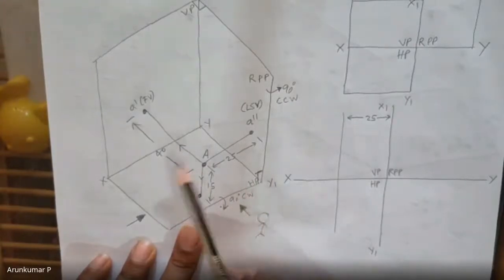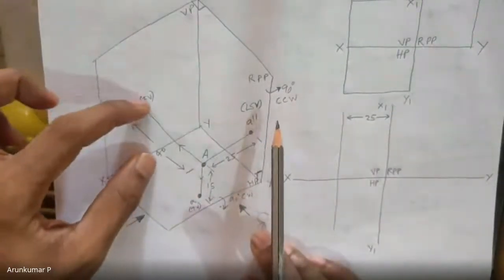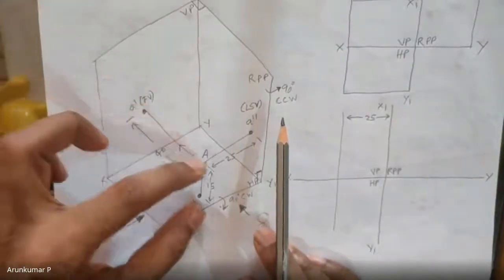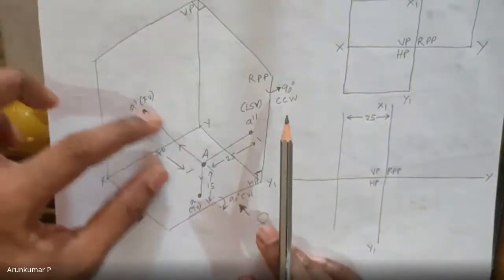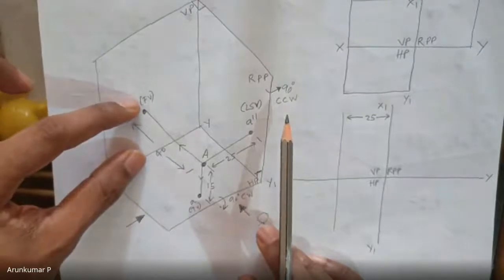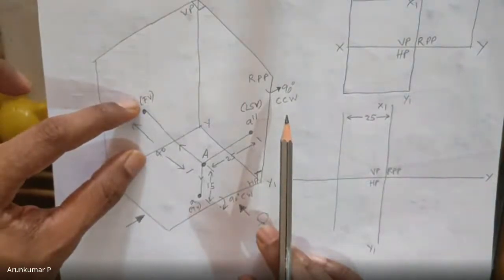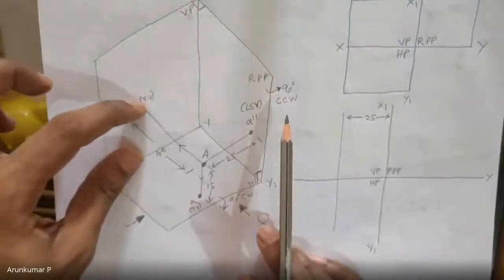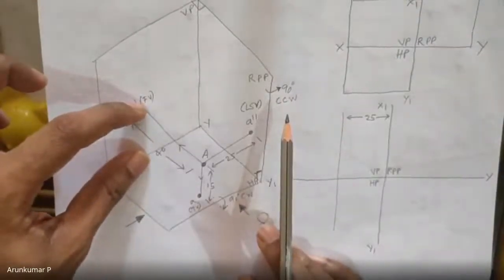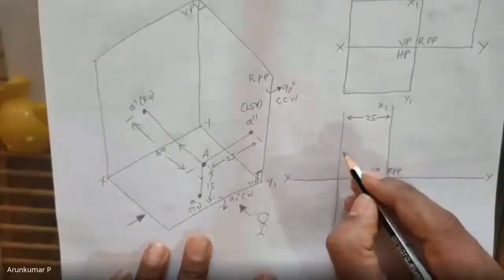So tell me, at what distance is the front view from the XY line? 15 mm. Exactly, 15 mm.